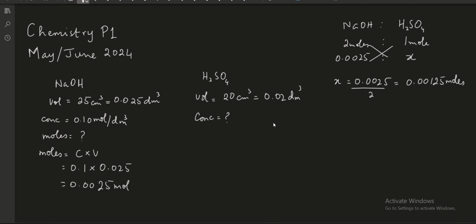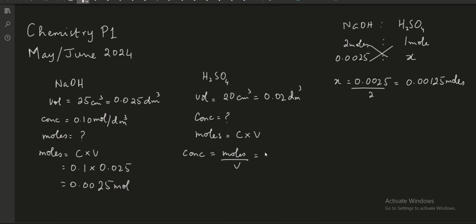Alright, now we can calculate the concentration of sulfuric acid from the formula that moles is equal to concentration multiplied by volume. Now we have to calculate the concentration, because we have already calculated the moles of sulfuric acid. Concentration will be equal to moles divided by volume.